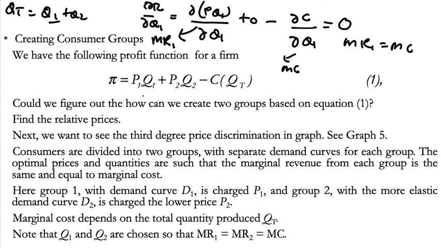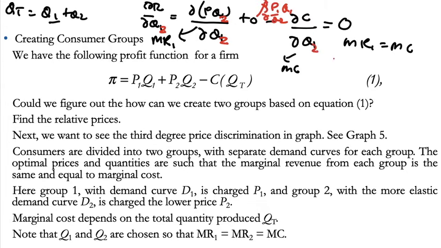Now, this is for consumer group 1. What about consumer group 2? You just need to change it to Q2. Differentiate the profit function with respect to Q2. Differentiate the total revenue function with respect to Q2. And this one, P1 Q1, when you differentiate, becomes 0.